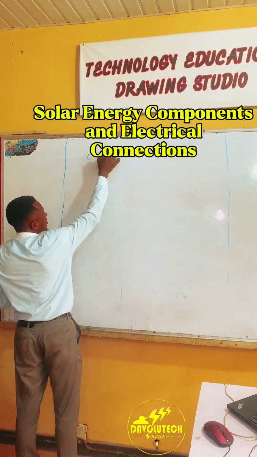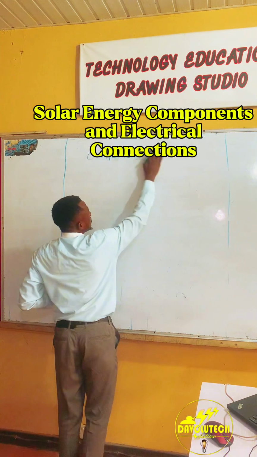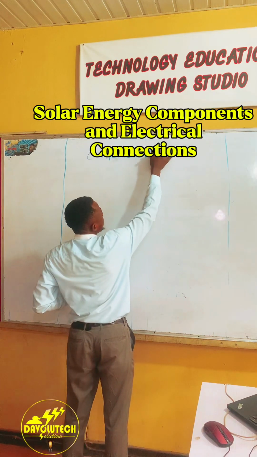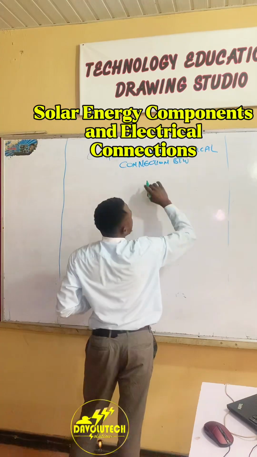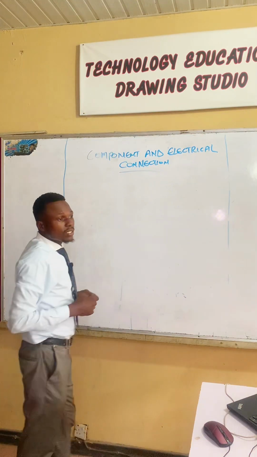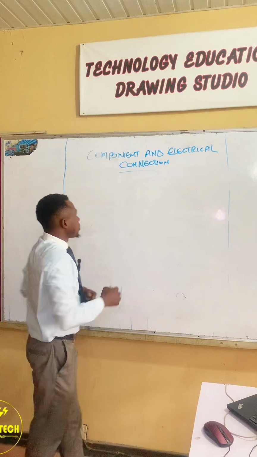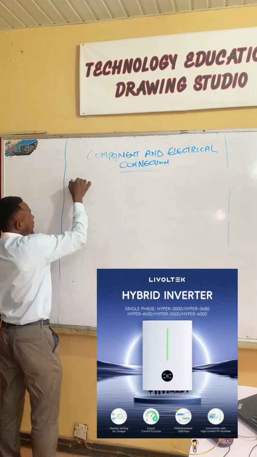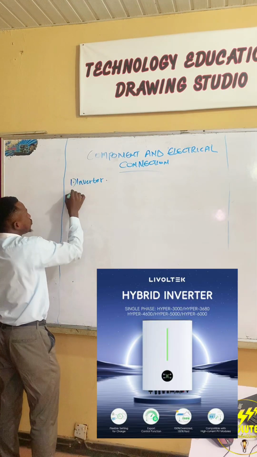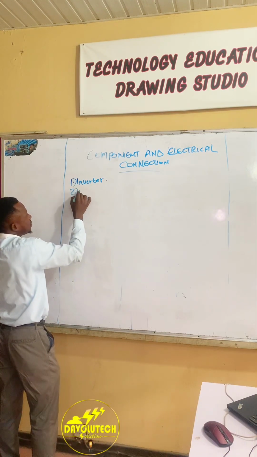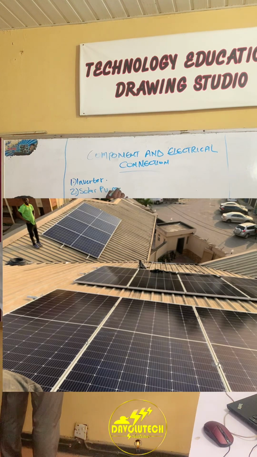That is the components and electrical connections. One of the very first devices that we use in the solar system is the inverter. Two, we have solar PV modules.